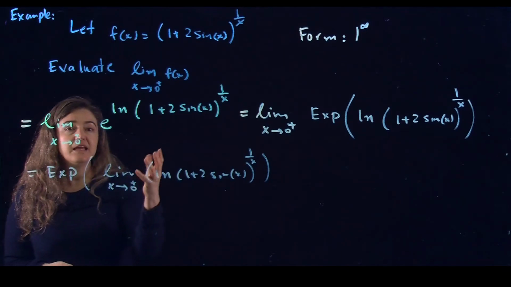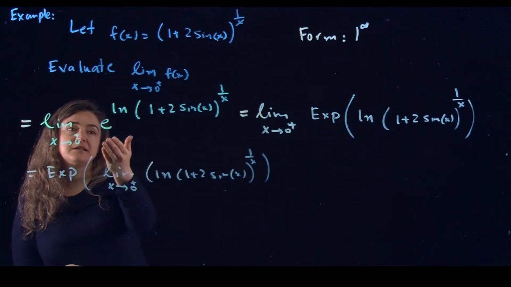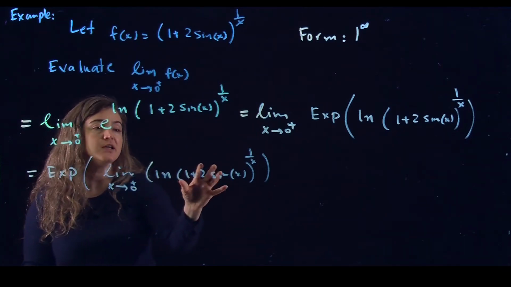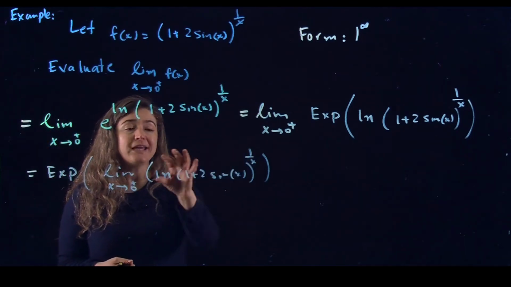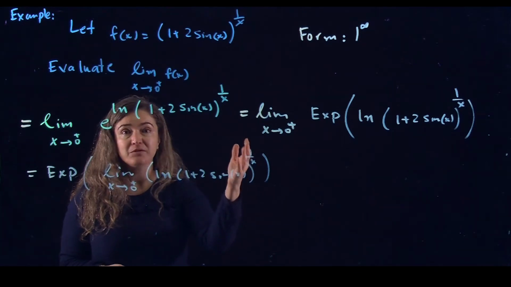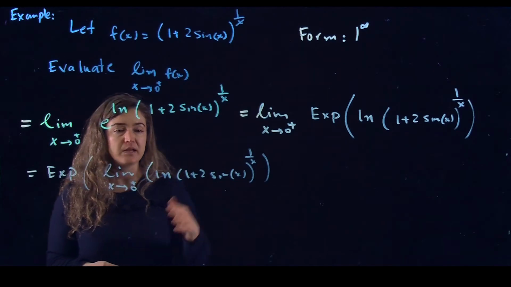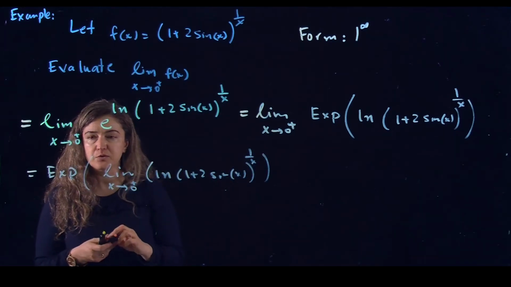Next, the reason that we wrote it as e to power natural log was that I can use my logarithmic laws to bring down the exponent, and so that's what I'm going to do.